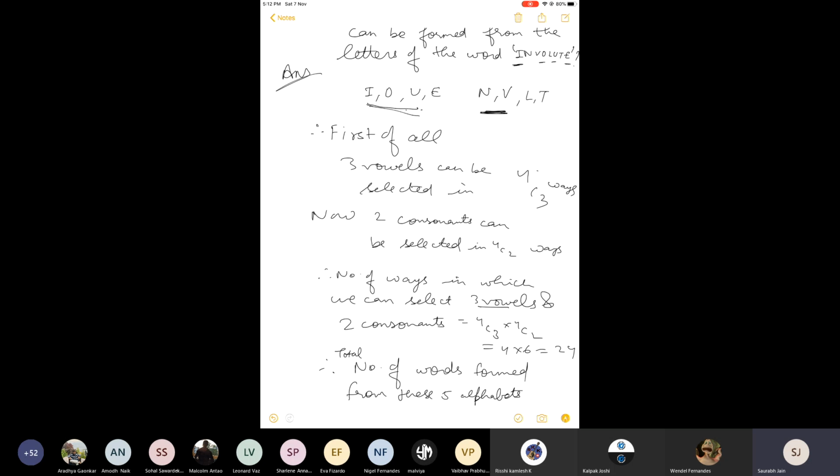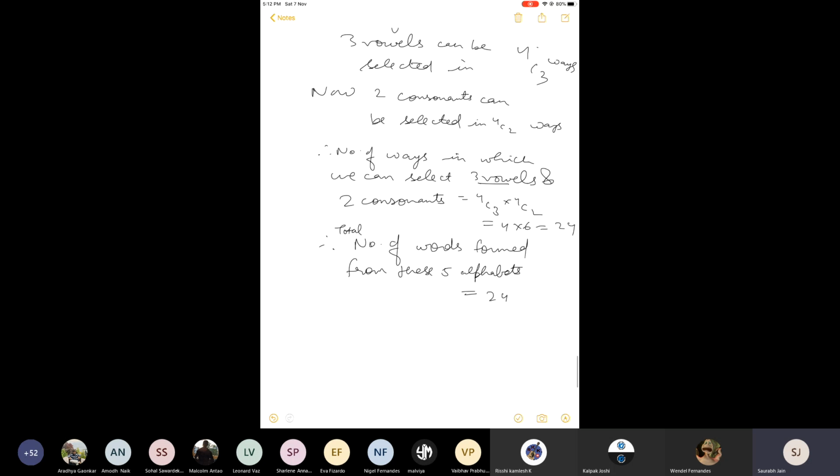Then I, O, U, V, L, second way. I, O, U, V, T, third way. Or you can say O, U, E, N, L, fourth way. So in this way, we are getting 24 ways. So this is just selection. So 24 is the number of ways in which you have selected three vowels and two consonants.